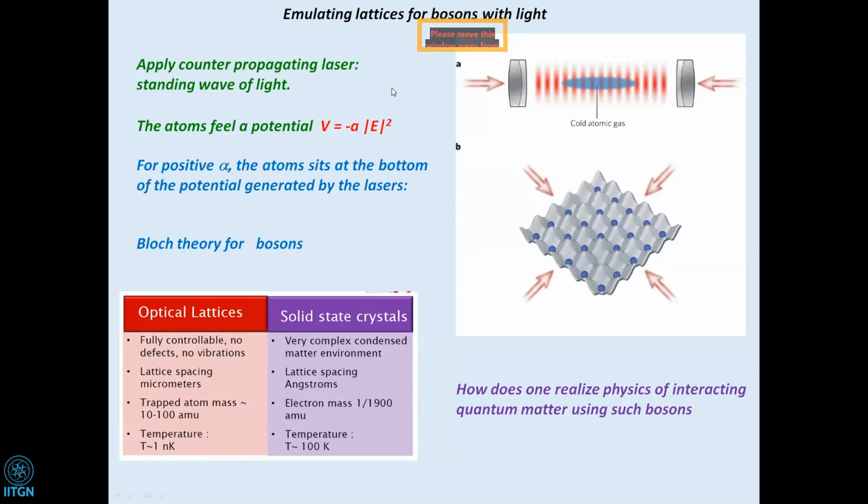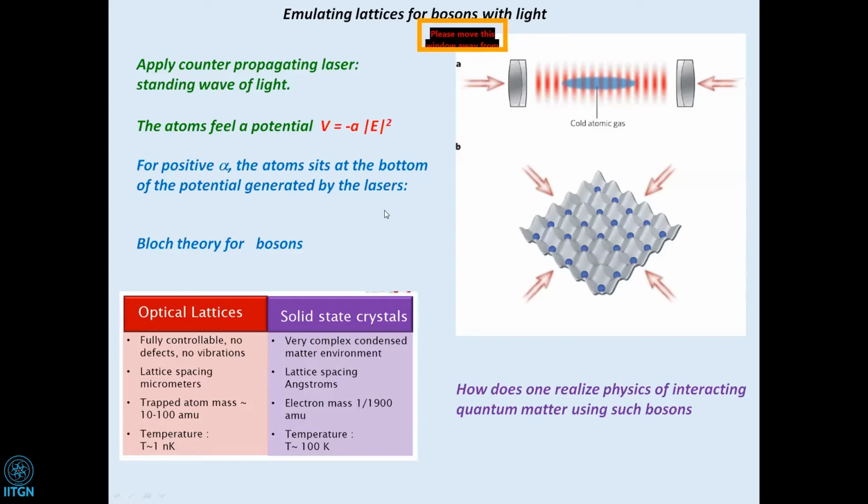Now, this quantity alpha is taken to be positive. This depends on what frequency of laser you choose and what the characteristic frequency of the atom is, and all details are taken into account to make alpha positive. This means that the atoms would like to sit at the bottom of the potential generated by the laser.